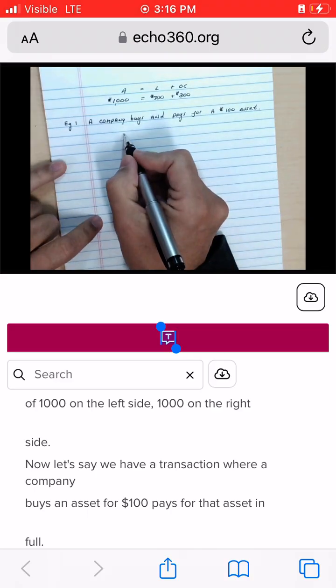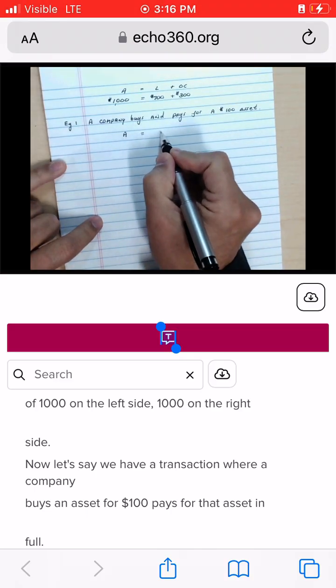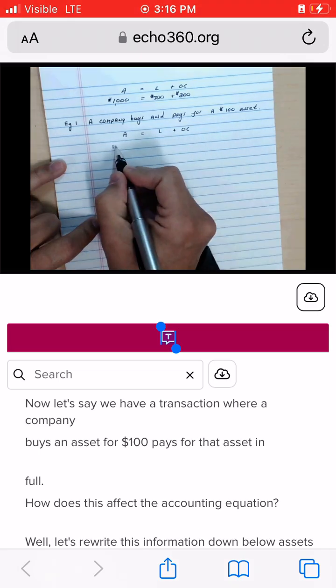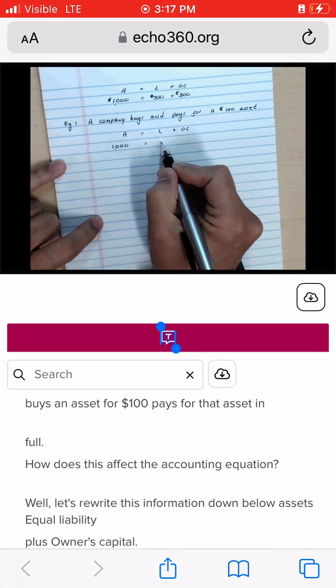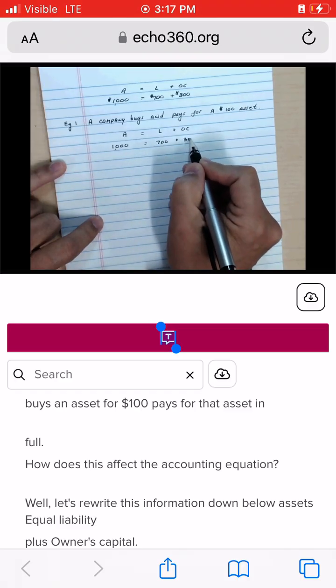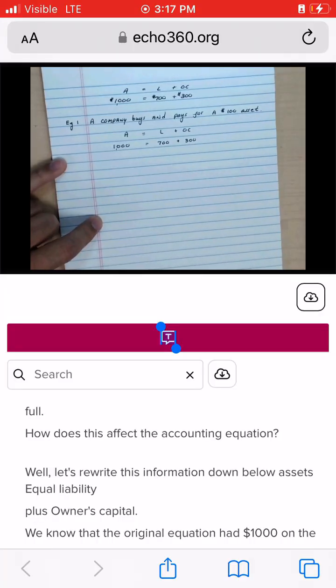Let's rewrite this information down below. Assets equal liability plus owner's capital. We know that the original equation had $1,000 on the left side and 700 plus 300 on the right side, so it's in balance.